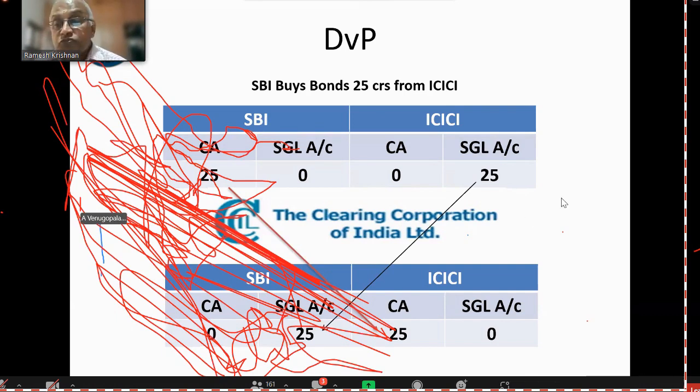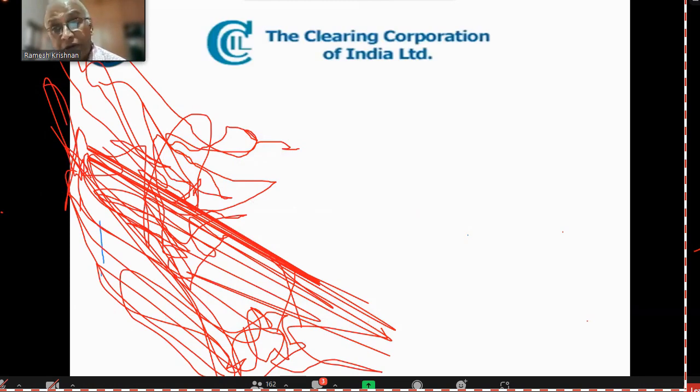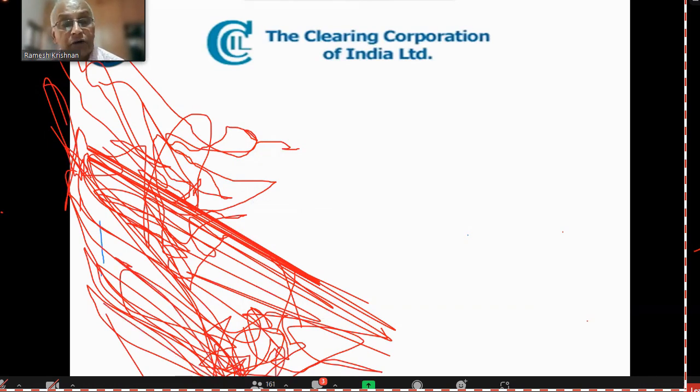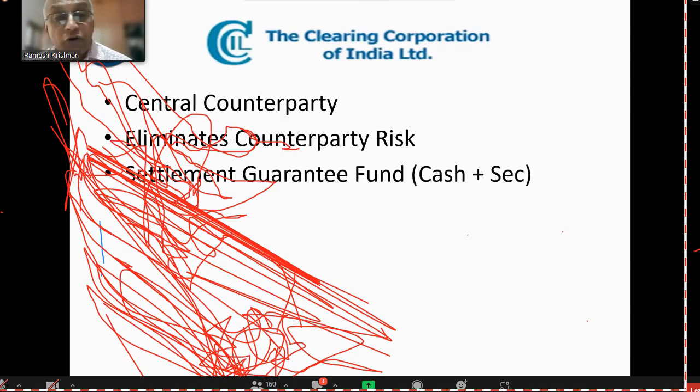Yeah. So this is about delivery versus payment, so that settlement risk is avoided and counterparty risk is avoided. Only if there is a clear cash balance and a clear securities balance does CCIL permit the transaction to go through, by becoming a common counterparty or central counterparty through the concept of novation.